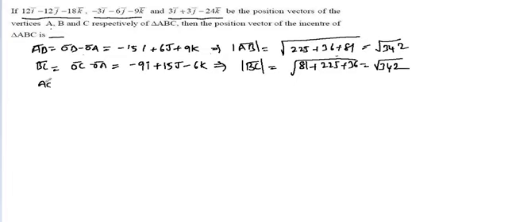And the AC bar is equal to OC bar minus OA bar. 3i minus, that is 6i. 3j plus, that is 9j. Minus 24k plus 9k, that is minus 15k.